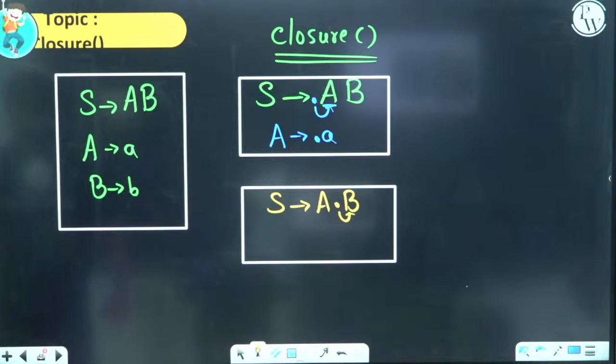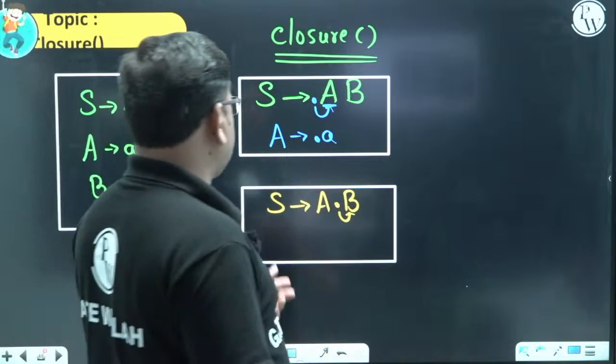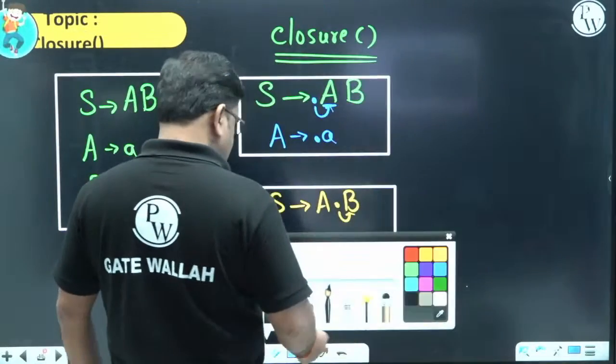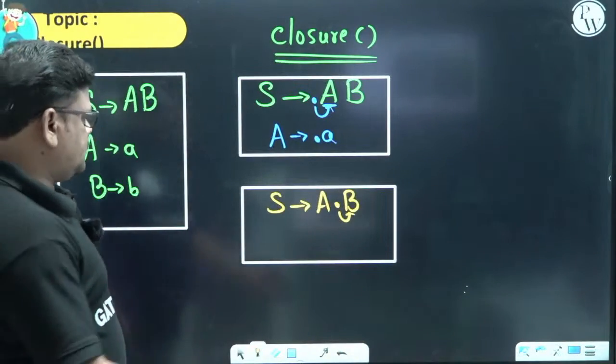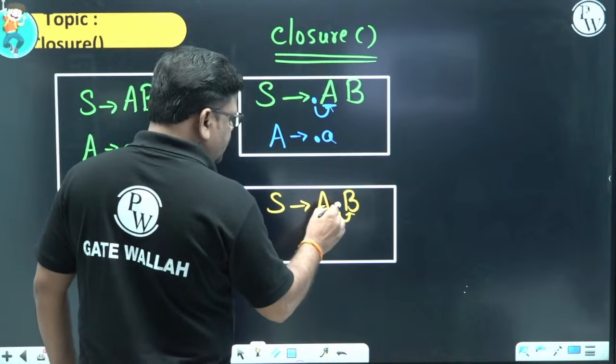What is the closure function doing? After the dot, B is there, no?